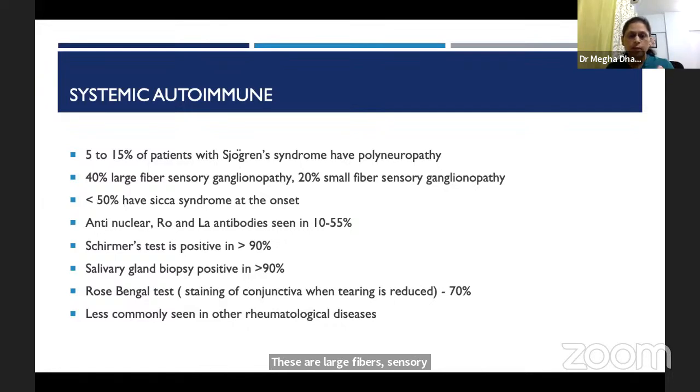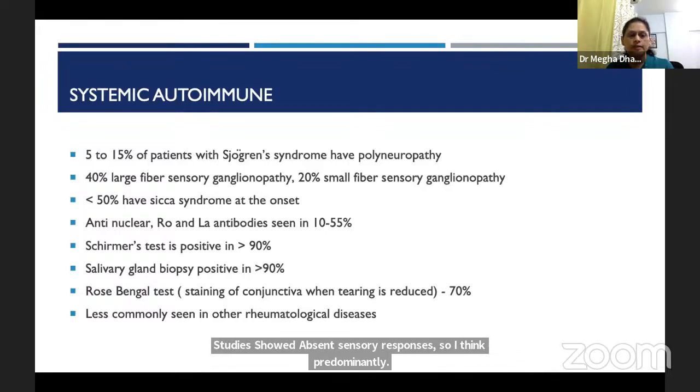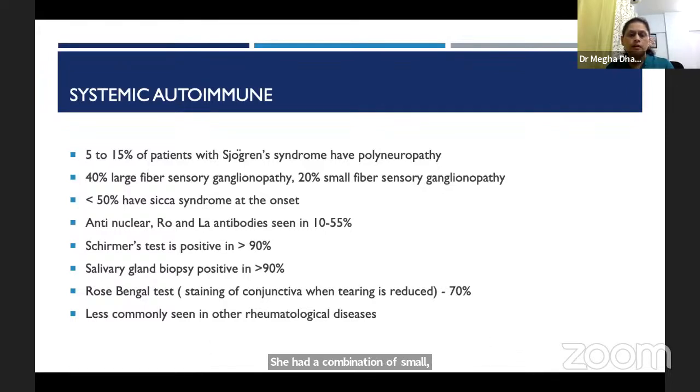Just last month, I had a patient in her 50s who presented to me with a 1-year history of severe burning in both her upper extremities, abnormal sensory symptoms, and she actually had burns on both hands which were healing, and sensory nerve studies showed absent sensory responses. So I think she predominantly had a combination of small plus large fiber sensory ganglionopathy, and her autoimmune workup was positive for Sjogren's syndrome. We started her on steroids.